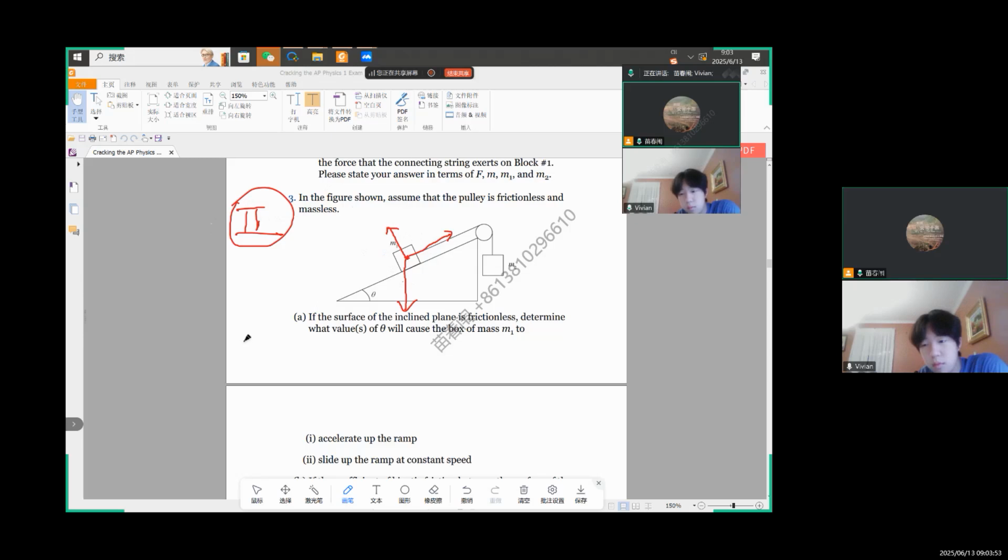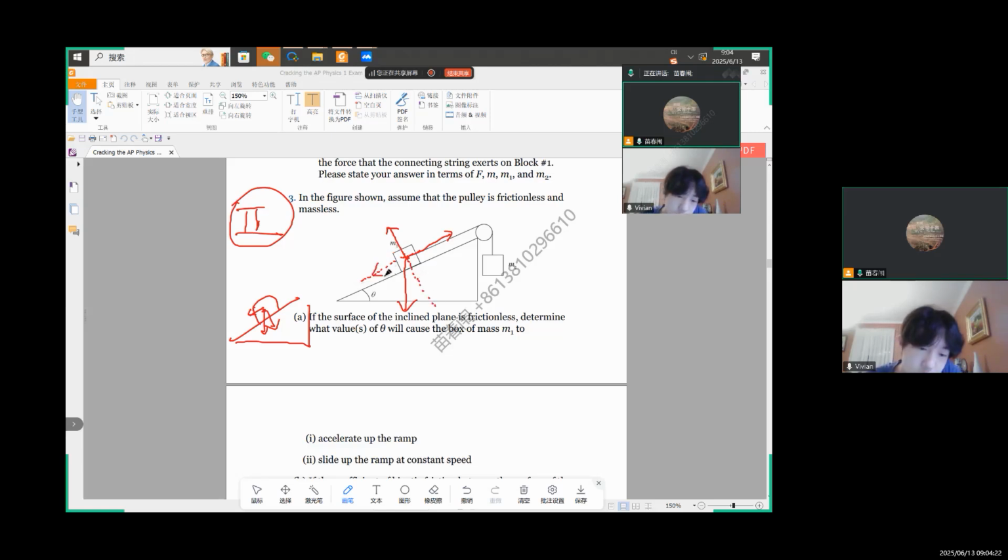And you also learned that gravity always divides into these two, mg sine theta and mg cos theta, right? Do you remember that? So that is also another hint. That's why for slope questions we always like to use the direction parallel with the slope and also perpendicular to the slope.